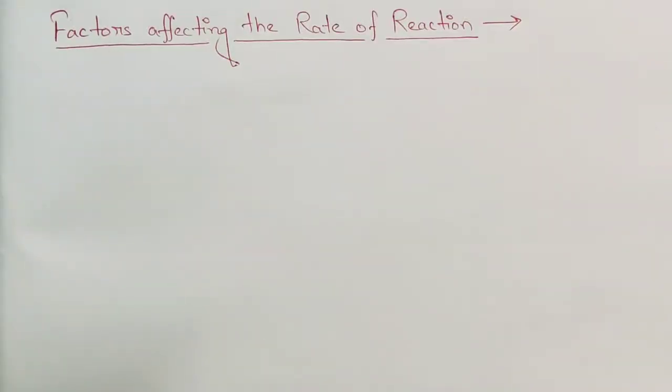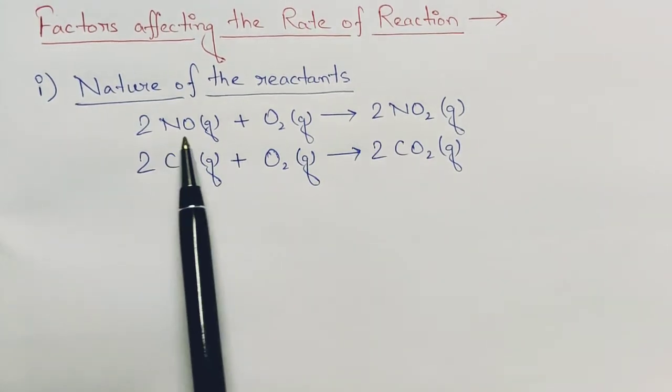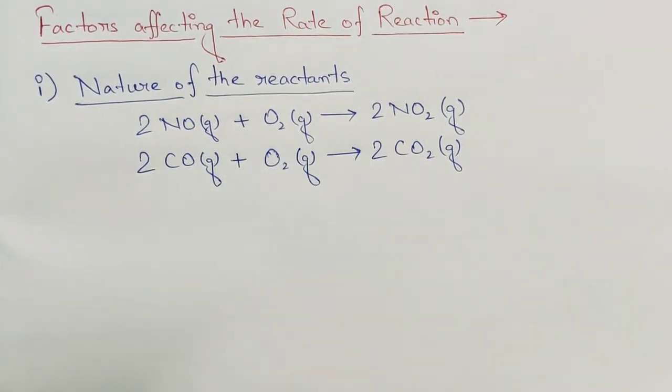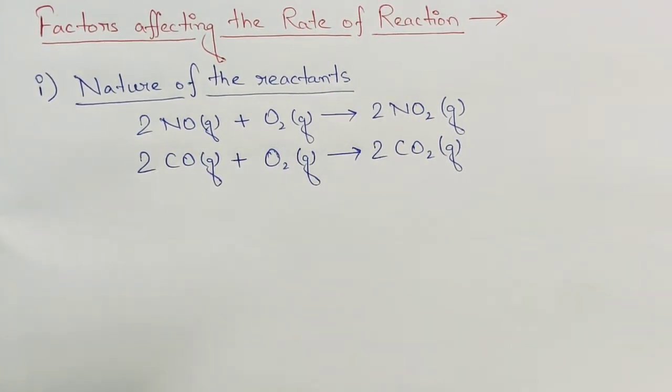There are various factors that affect the reaction rate, and among them the first factor is the nature of the reactants. Look at these two reactions. Here the reactants are quite similar but not the same, but depending upon the nature of the reactants the overall rate of the reaction will vary.